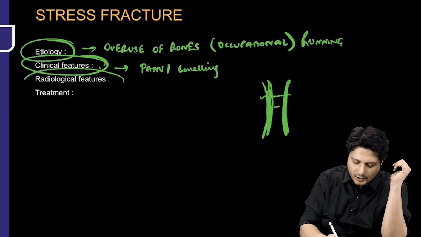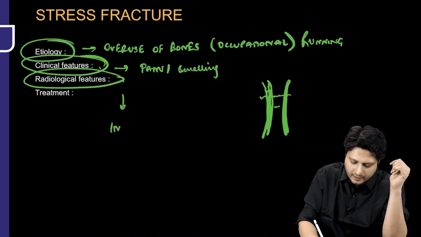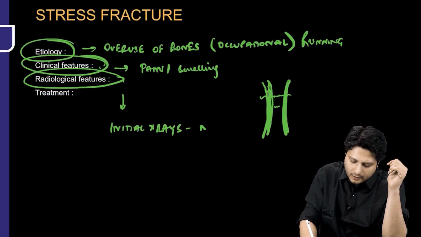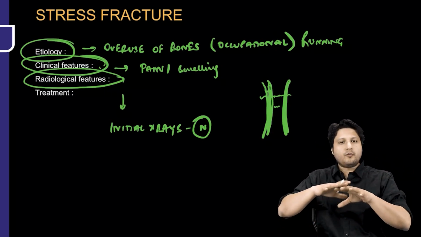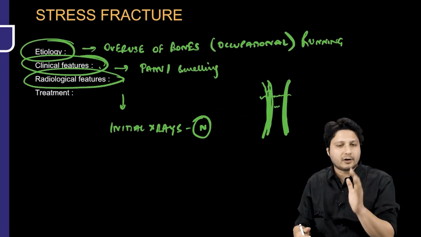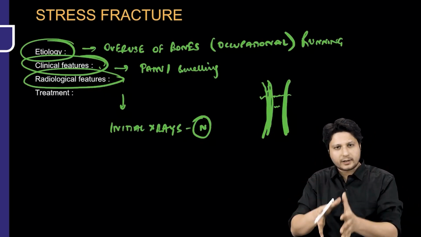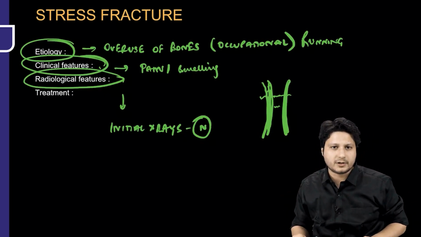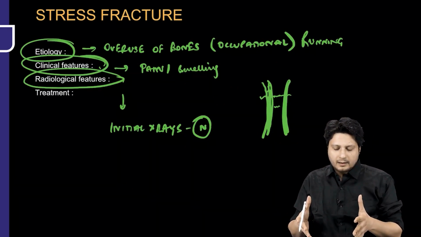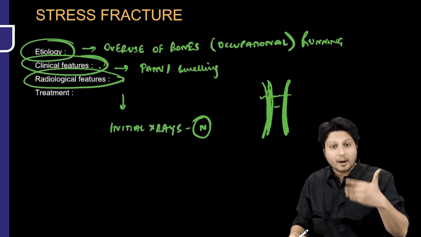Then as far as radiological features are concerned, that means X-rays, the initial X-rays could be normal, with no finding initially, because it is a breakdown in the medullary canal, not in the cortex. Once there is a cortical involvement, or a line of breakage appears in the cortical region, then it can be considered a definite fracture, which will appear on the X-ray.